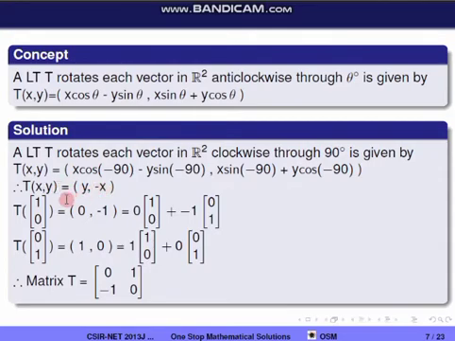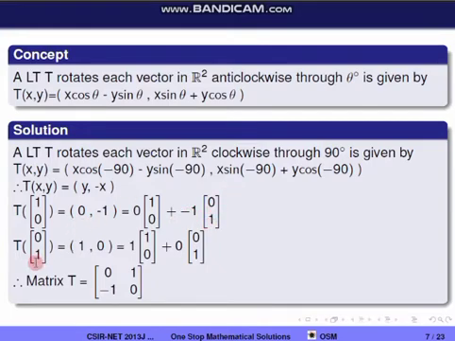Now we'll find the value of (1, 0) under this linear transformation, that is T of (1, 0). Using this transformation, we'll get (0, minus 1). Now write this vector as the linear combination of the standard basis. So this is equal to 0 into (1, 0) plus minus 1 into (0, 1).